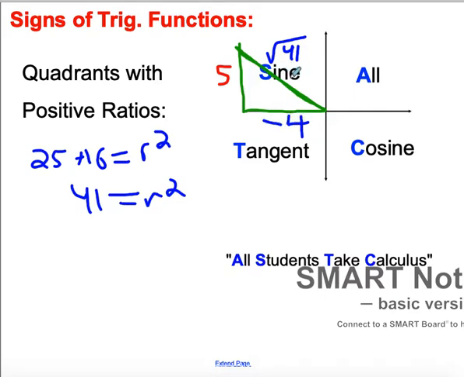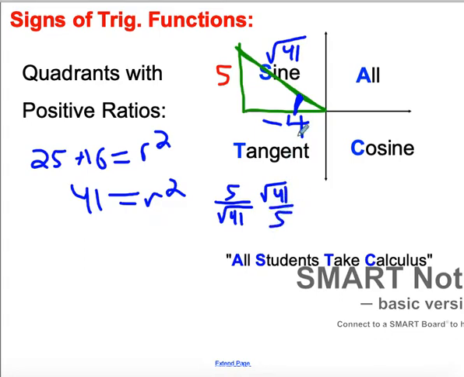So if you can imagine sine of this angle, it would be opposite over the hypotenuse, or y over r. That's going to be positive, right? And so would cosecant, because cosecant would just be the reciprocal of that, square root of 41 over 5.